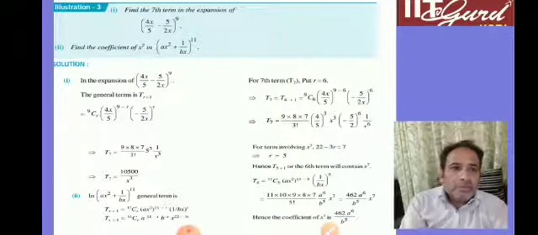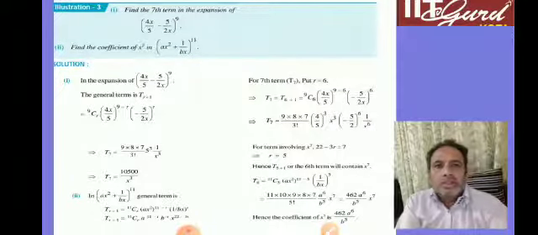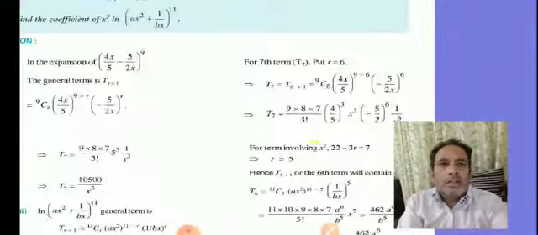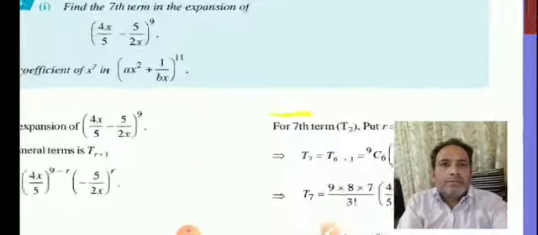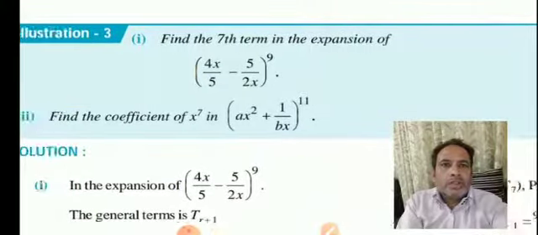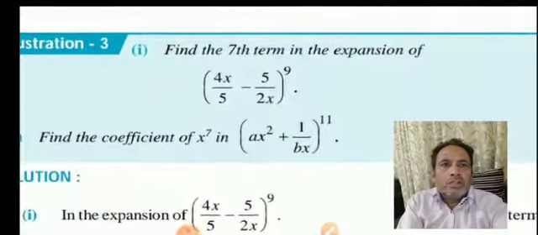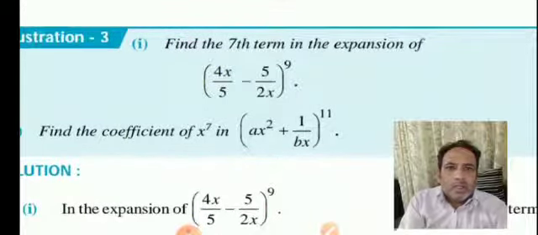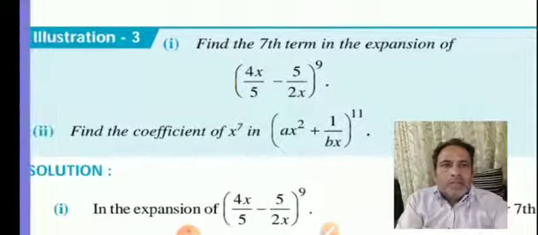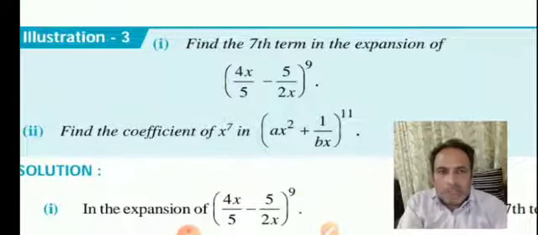So in the first question, if I zoom it here, this is your first question, first part of illustration 3. That is the 7th term in the expansion. You have to find the seventh term in the expansion. Total terms, as you all know from the idea of the binomial theorem, will be 10.